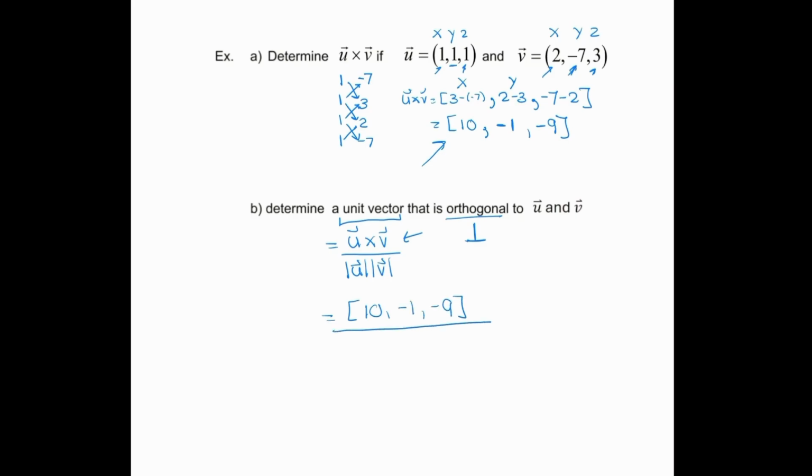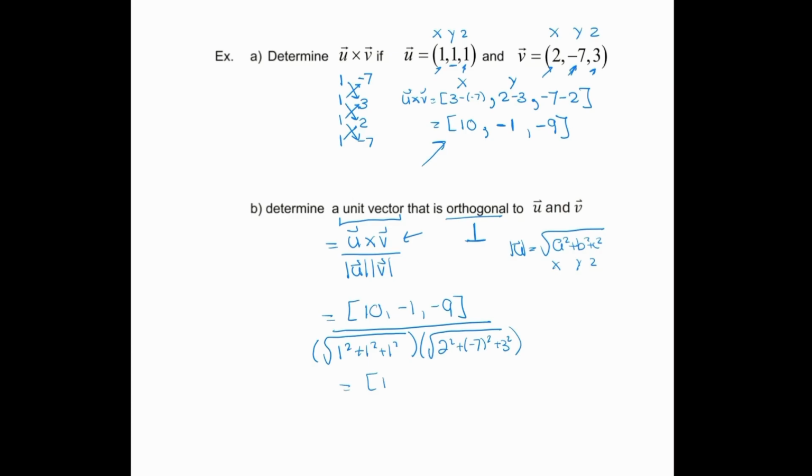Now we need to figure out the magnitude part. And remember, the magnitude for any vector is just using that Pythagorean theorem, a squared plus b squared plus c squared. Or if you want to think about it in terms of x, y, and z, x squared, y squared, z squared. So let's do vector u. So my magnitude of vector u is 1 squared plus 1 squared plus 1 squared times the magnitude of vector v. And vector v, the magnitude of that is 2 squared plus negative 7 squared plus 3 squared.